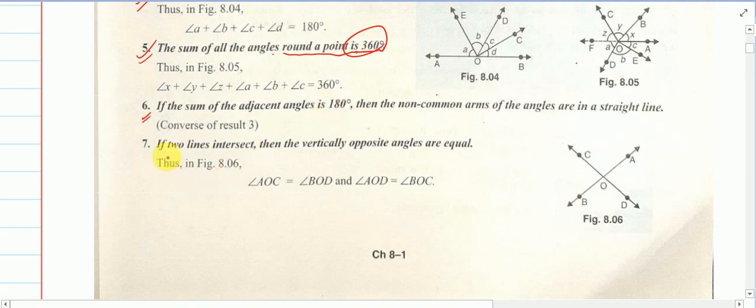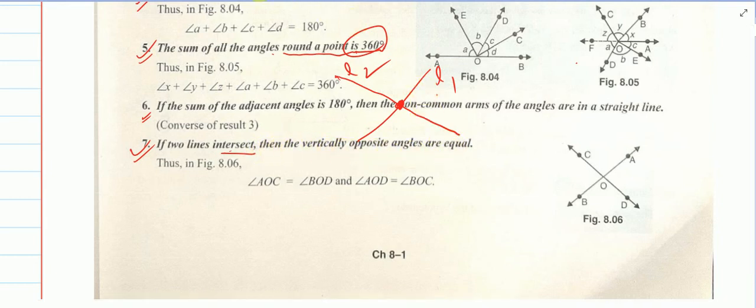Now next, if two lines intersect, means one line is here and we draw another line such that that line meets this line. Let's say this is line L1, this is line L2. So this is called the point of intersection. If two lines intersect, then the vertically opposite angles are equal.